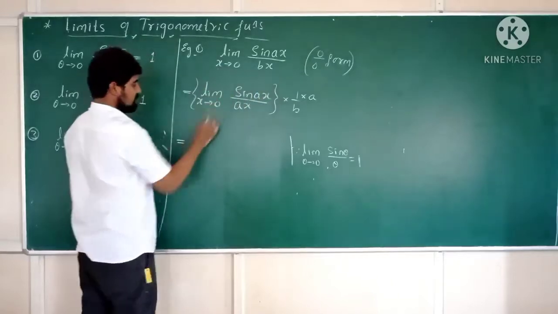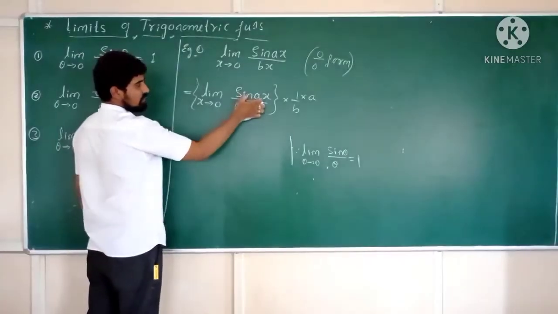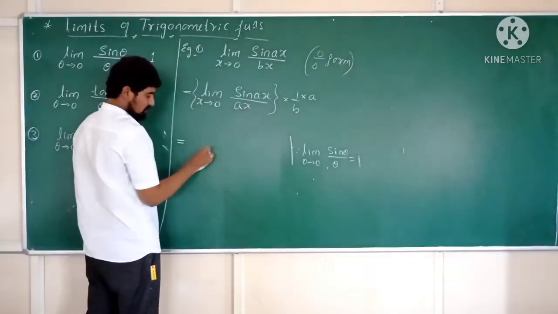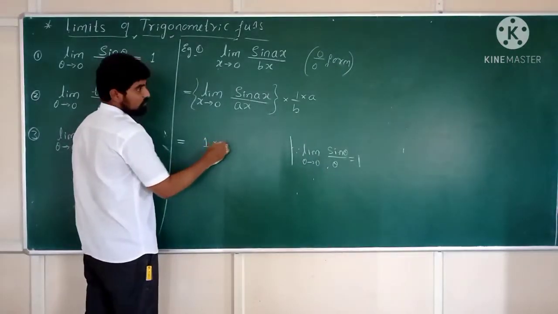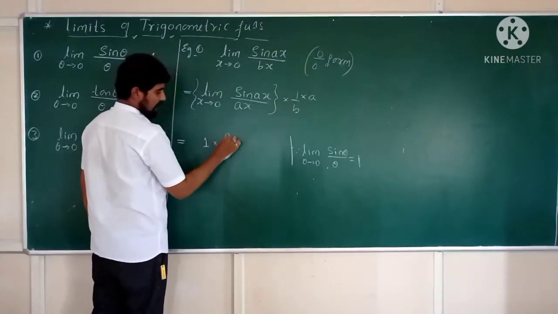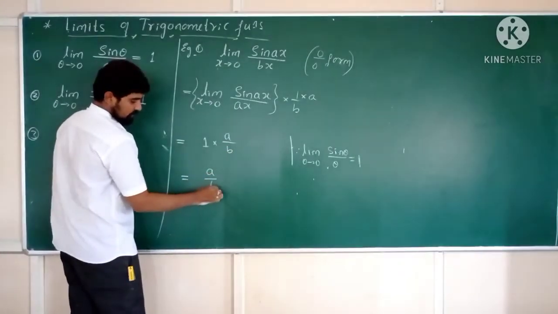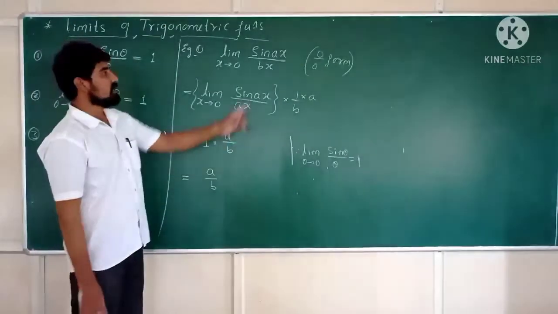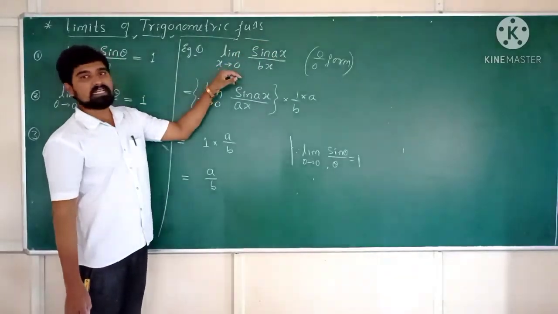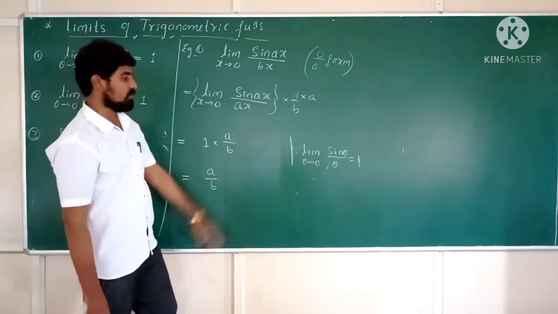Therefore limit x tends to 0, sin ax by ax is equal to 1, into 1 into a divided by b, which is equal to a by b. And a by b is the limit value of this given function at x equal to 0. I hope all of you understand.